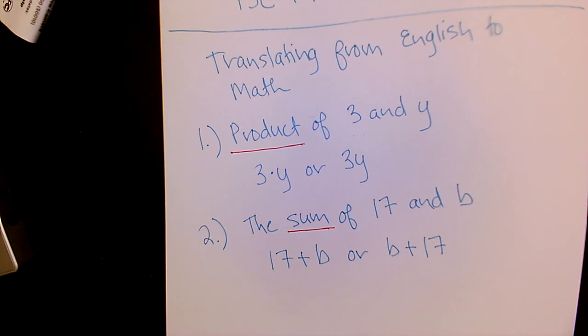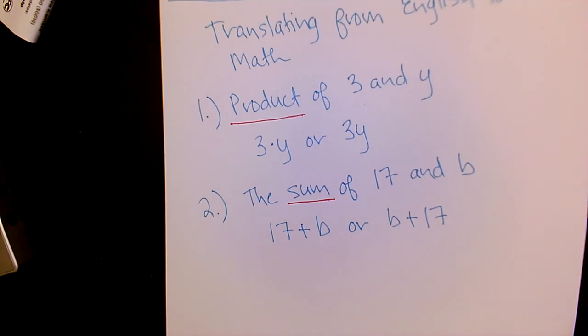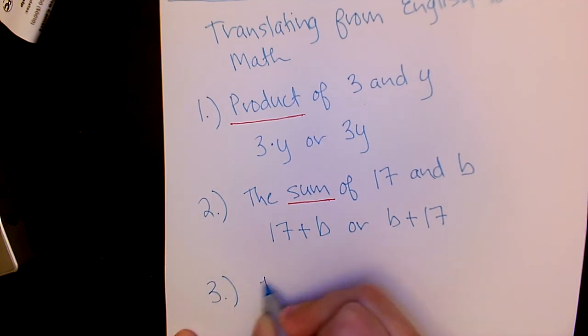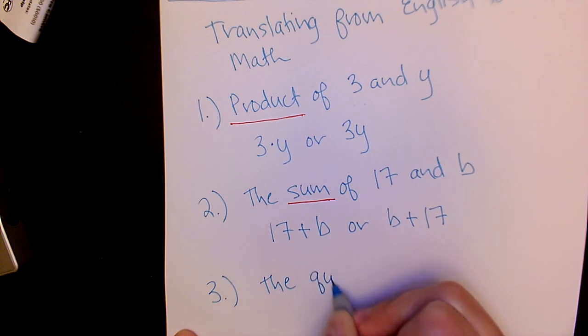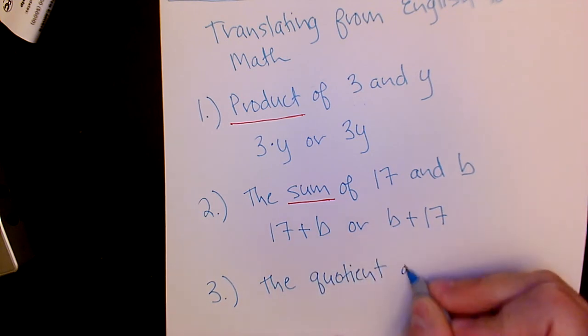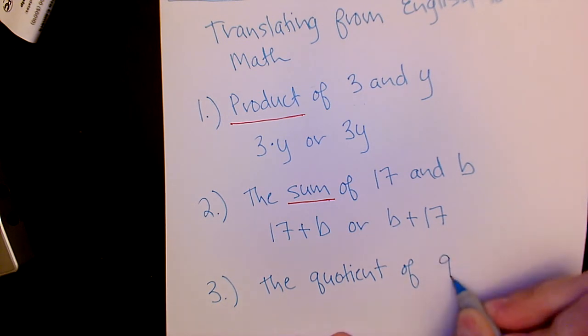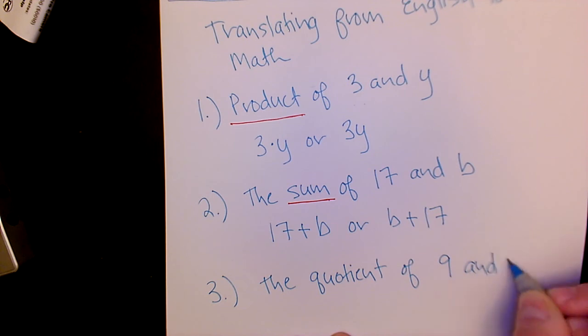So always look for your keywords, like this was product, sum, and now the quotient of 9 and x.